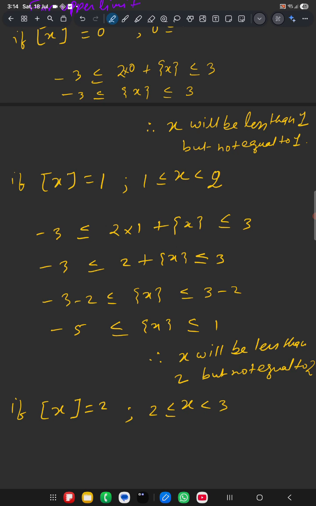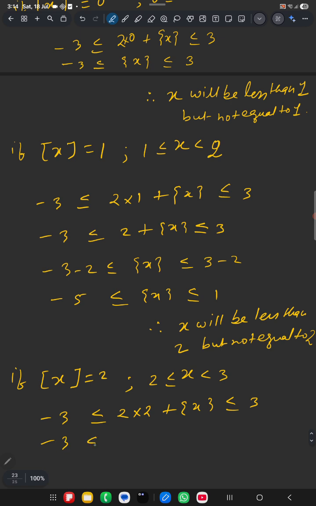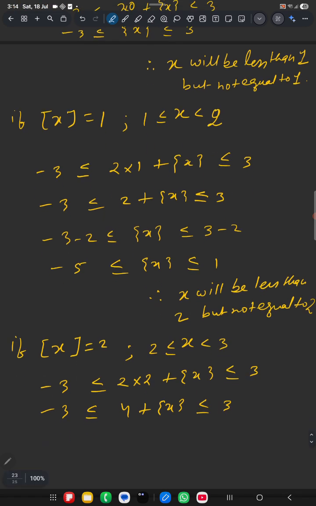So in that case our inequality will give you minus 3 less than or equal to 2 into 2 plus fractional part of x, less than or equal to 3.